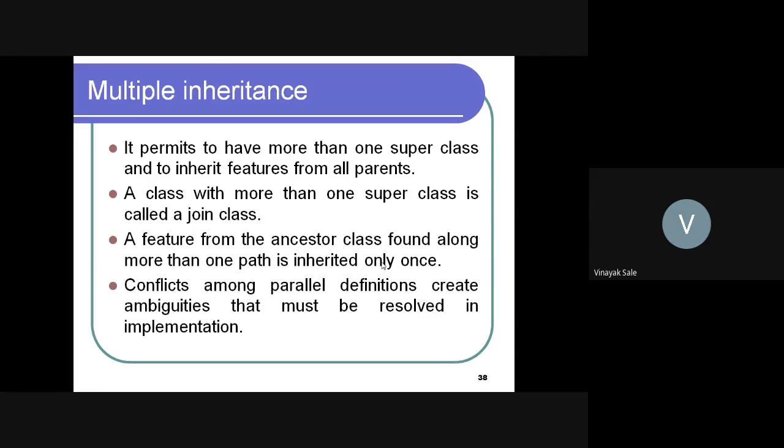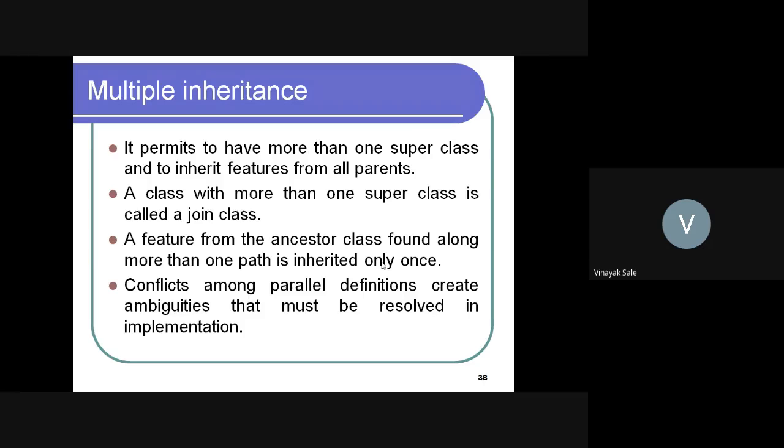Acquiring properties from one class to another class is known as inheritance. There are five types: single or simple inheritance, multi-level inheritance, multiple inheritance, hierarchical inheritance, and a combination of all these four, that is mixed or hybrid inheritance.